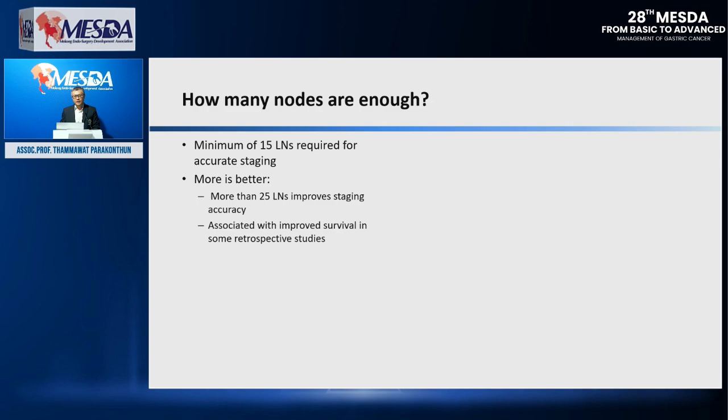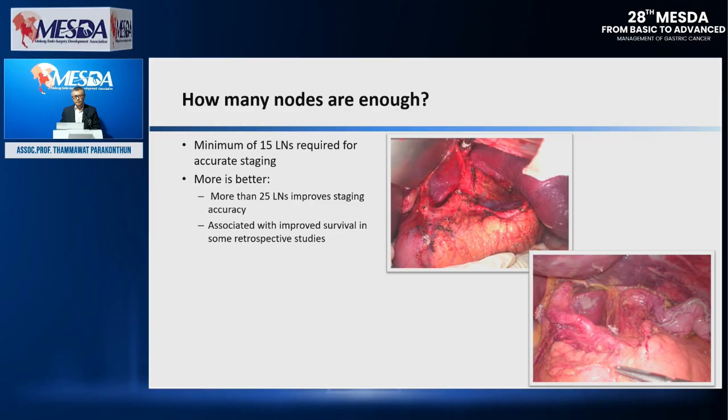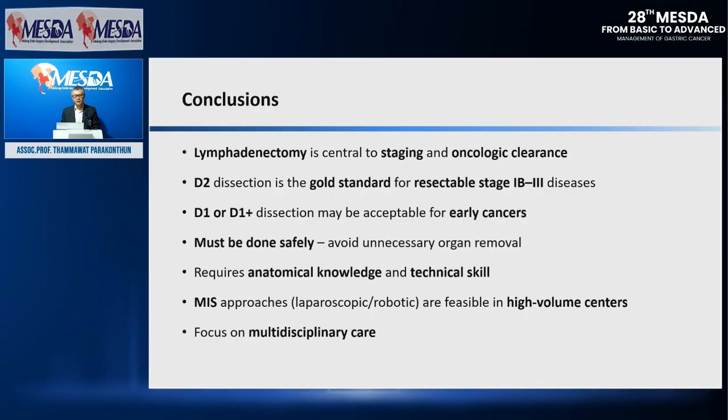But the more lymph nodes removed, the better the results demonstrated, also in retrospective studies. But the number is not the only factor. Knowledge of anatomy and exposure is very important to remove the lymph nodes along the vessels, not only in open, but also in minimally invasive surgery.